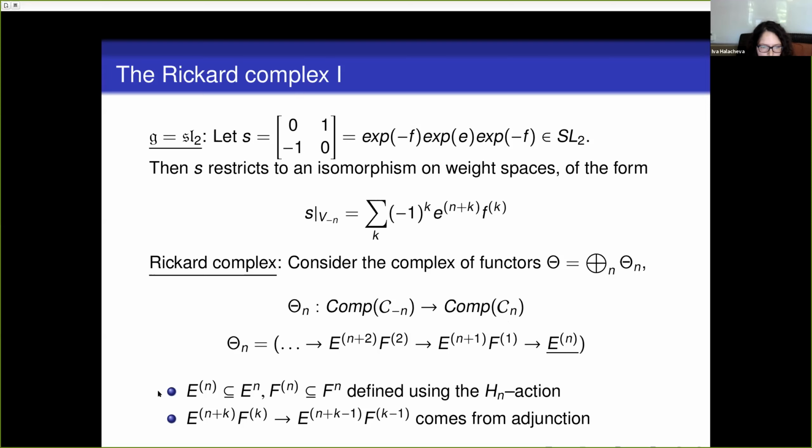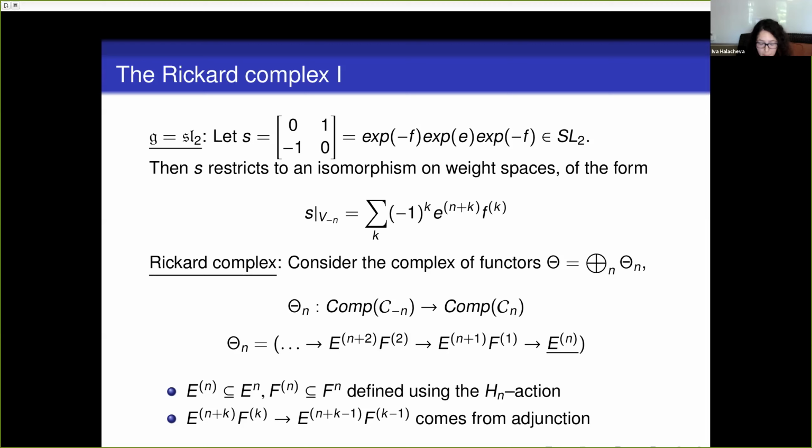And here, the functors E parentheses n and F parentheses n are categorifying the divided powers of E and F, and they are obtained using the Nil Hecke algebra action. And the differential in this complex comes from the natural transformations that we have in the structure.